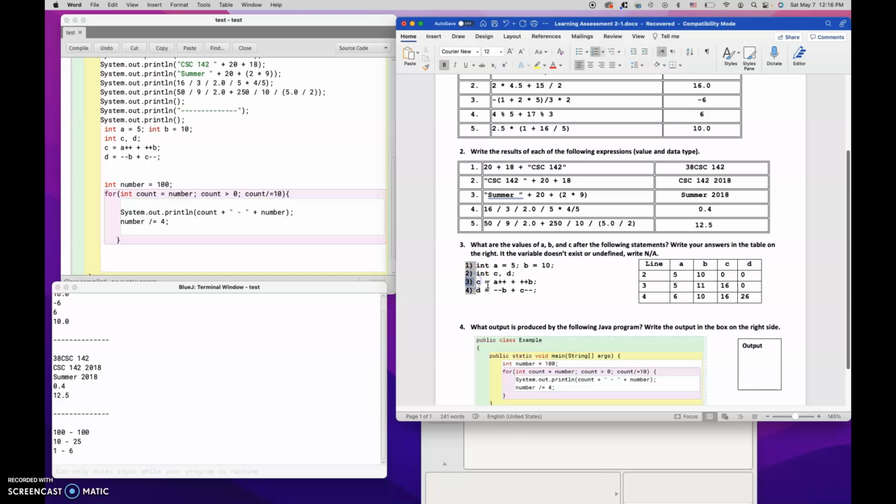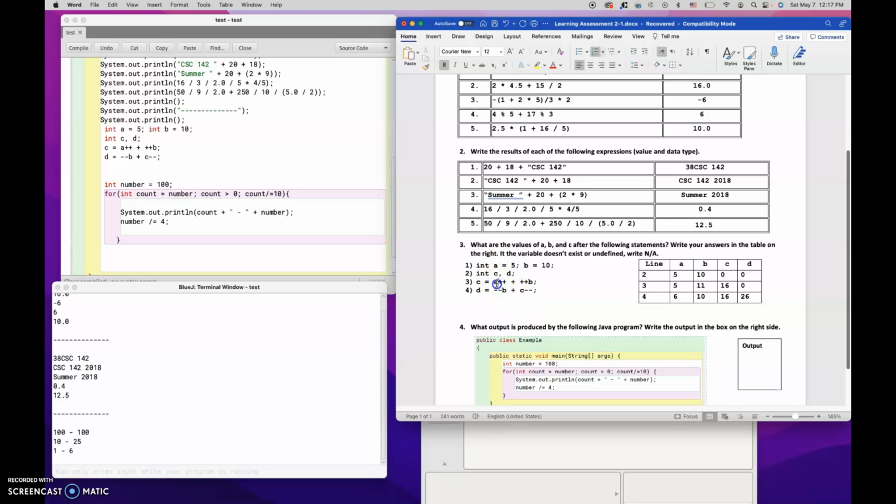For the third line, A, when we see plus plus after the variable, it means that the increment will be after the operation. So wherever after line 3, the A variable will be incremented by 1.